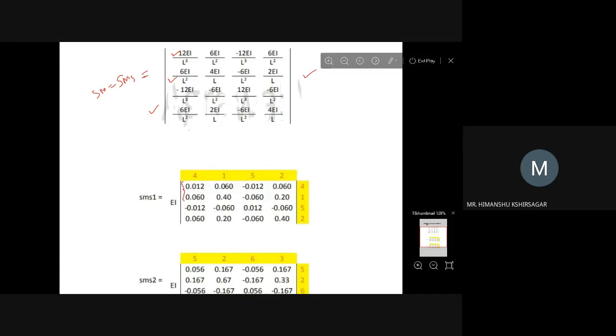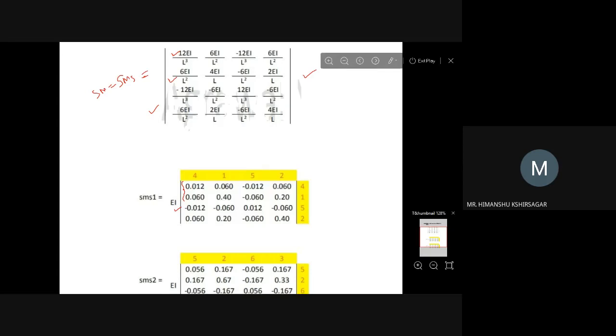Once you have done this, in the third row, the values of the first row will come with a minus sign. You can compare to the above derivation, only there is a minus sign. So minus 12EI by L cube, minus 6EI by L square, plus 12EI by L cube, minus 6EI by L square.